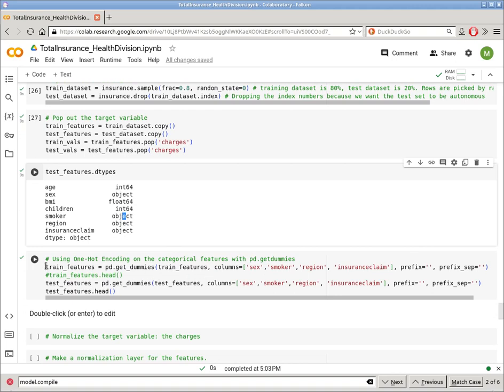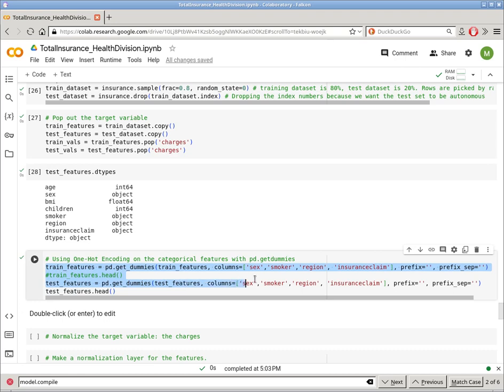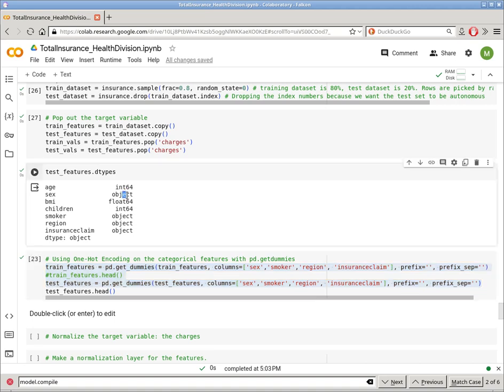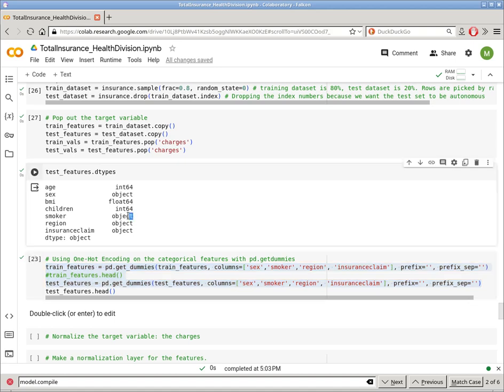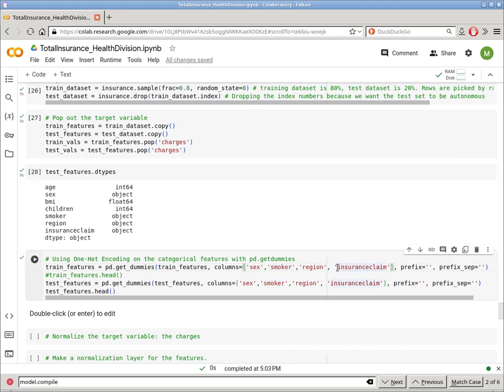So here I just copied down the cells which converted everything to one hot, and we'll notice that sex is categorical, and smoker was yes or no, that's categorical, region was categorical, and insurance claim is now a categorical feature among our input features.